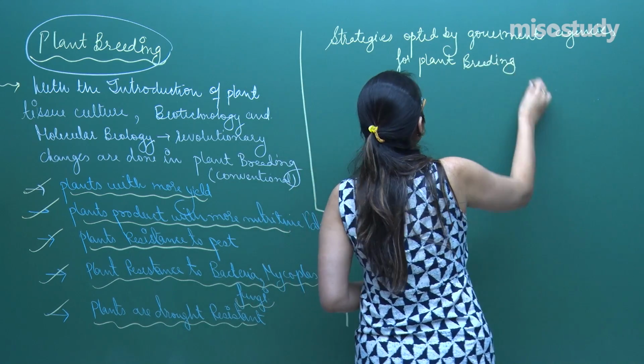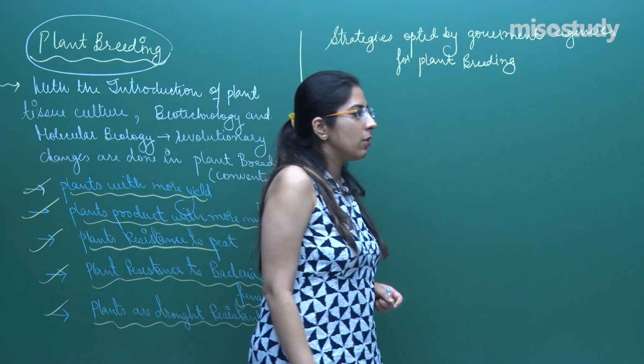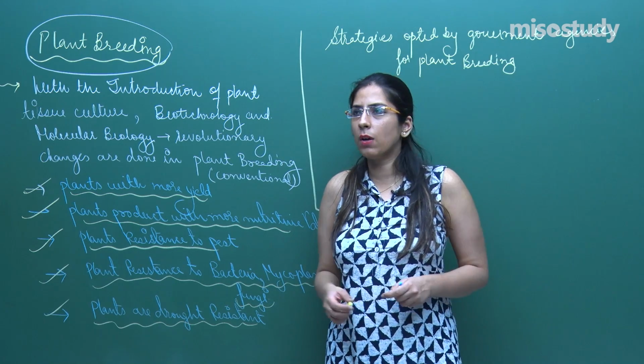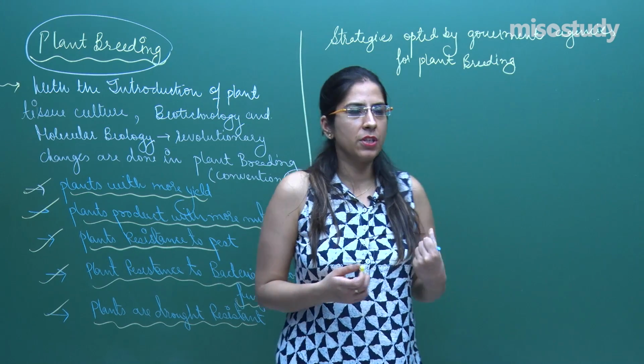Let's discuss all those strategies which are opted by the government, not only by the government, but also the different agencies, different laboratories who are working on these plant breeding experiments, they are following the same procedure.